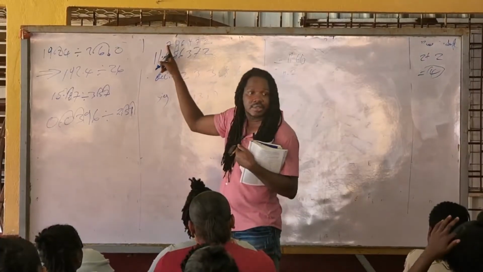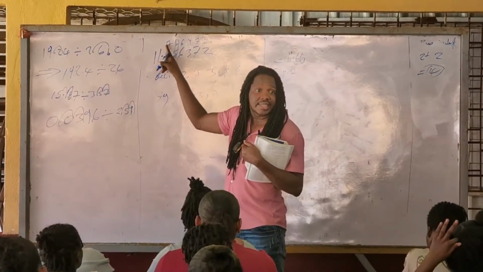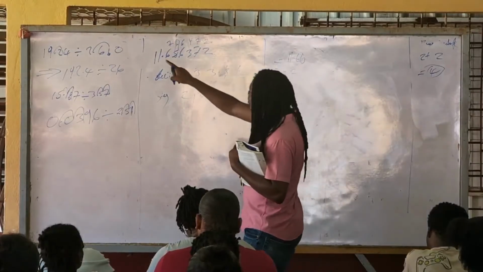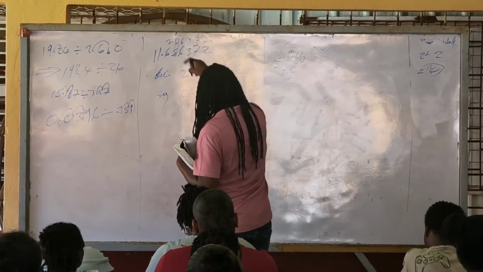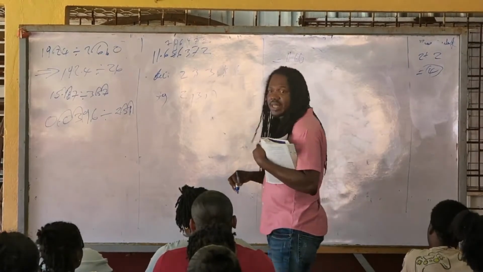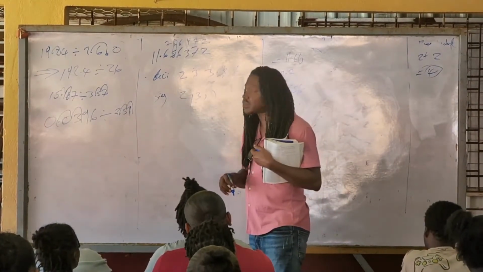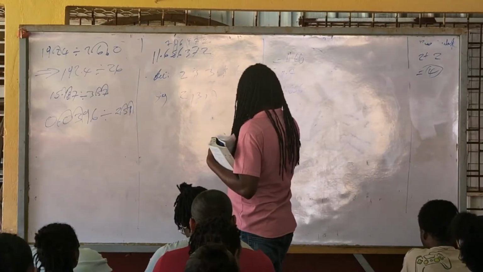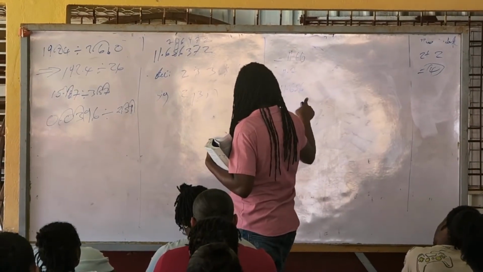You see it? You understand that? 3 decimal places, 1, 2, 3, 11.656. Everybody see that? Are there 3 decimal places? Yes.